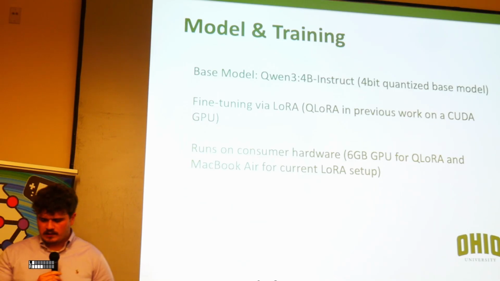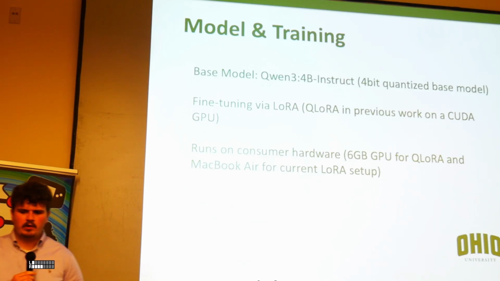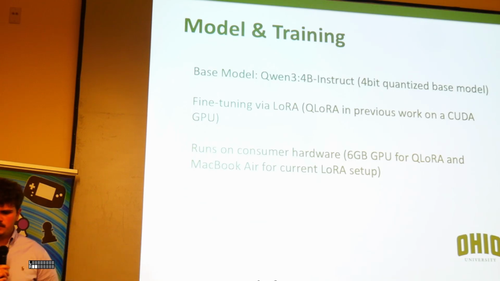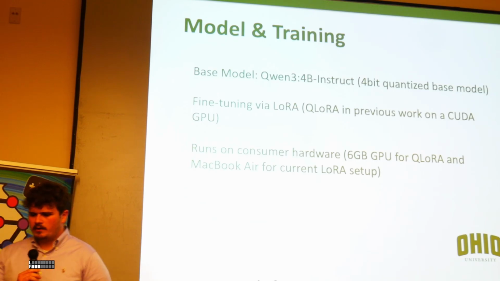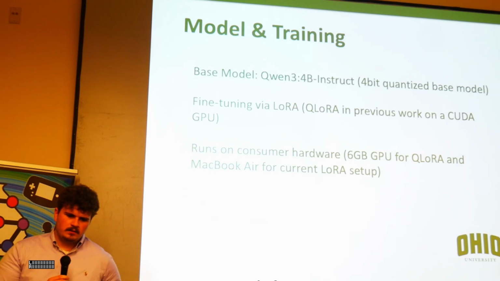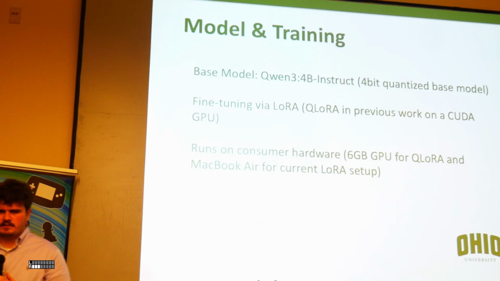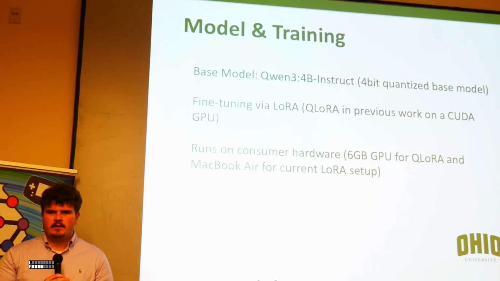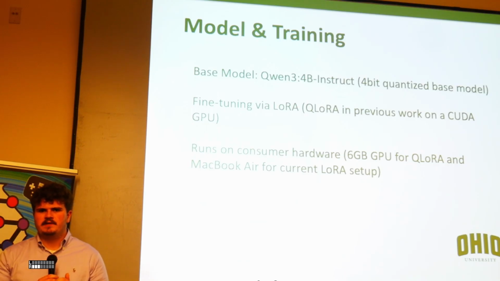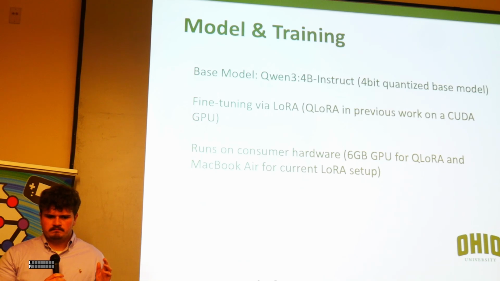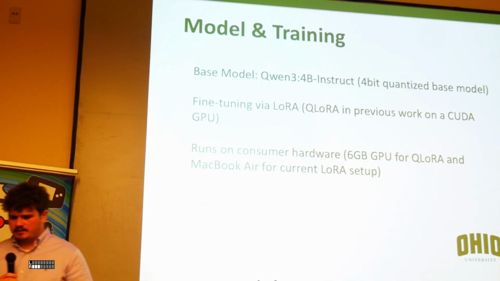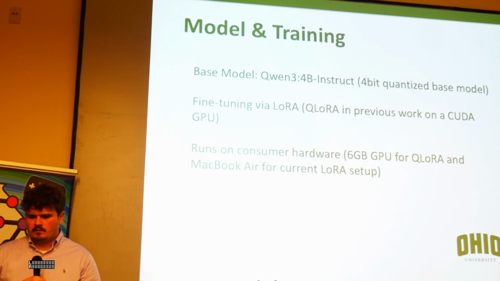Fine-tune with LoRA adapter. There's a built-in LoRA via MLX for Mac, which I used most recently, but I've used QLoRA via bitsandbytes when I was running on Windows on a CUDA GPU. Like I said, it runs on consumer hardware. So I use a 6 gigabyte GPU, about 24 to 30 hours of fine-tuning time for the model on Windows, and then a similar training time on MacBook Air with the other setup.